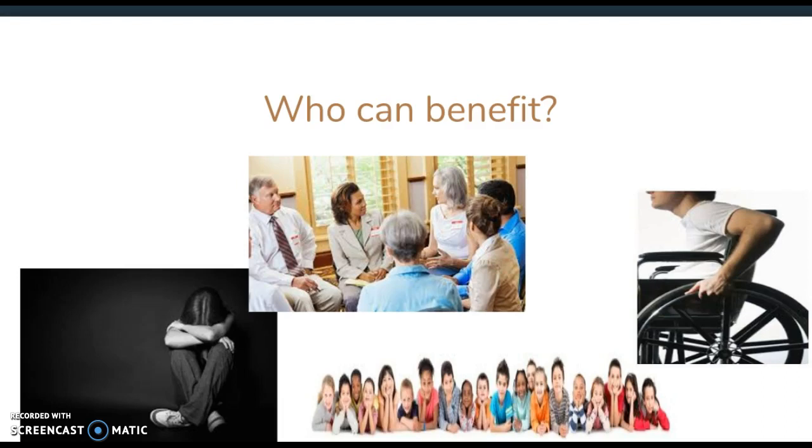Could be individuals with depression, children with ADHD, children and adolescents, family caregivers, people with spinal cord injuries, and survivors of domestic abuse. The list could extend beyond this, but these are just a few that the book mentions.